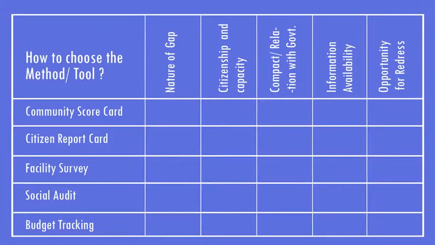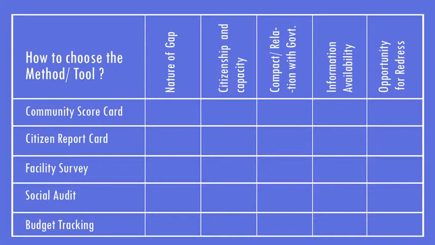Another way to identify tools, and here I have kept a few tools on one axis, is to understand what conditions are met. Like let us say we want to do social audit or budget tracking. Social audit sometimes is meant as the overall methodology, but if you come down to social audit as a method, social audit implies that there is a process in which the people are reviewing public data.